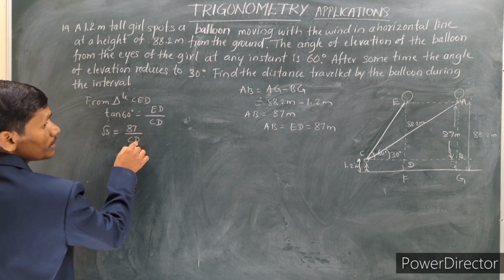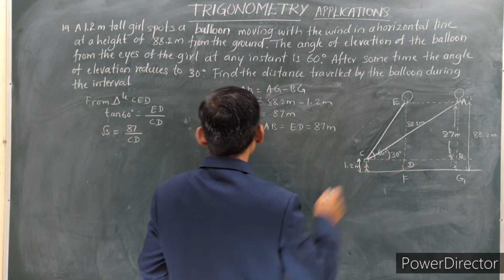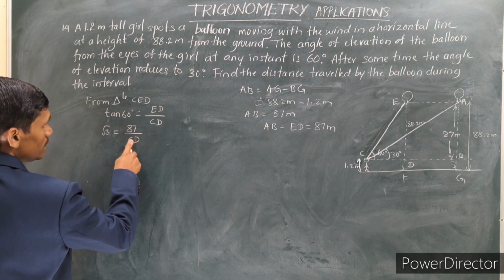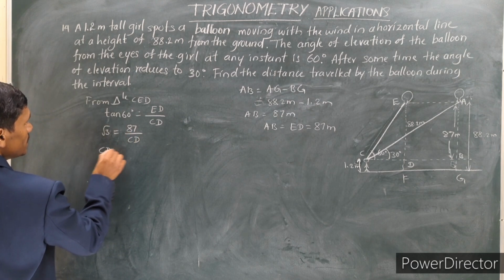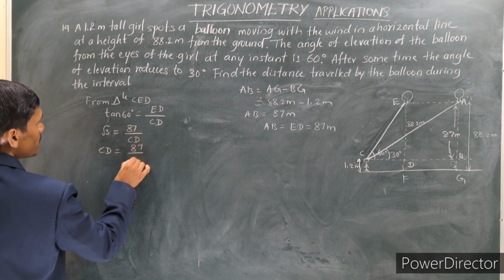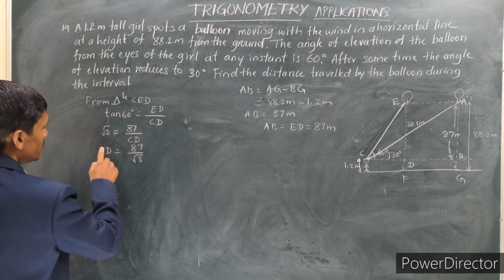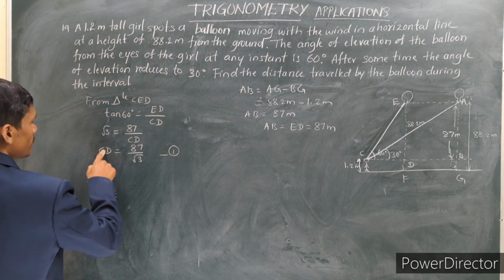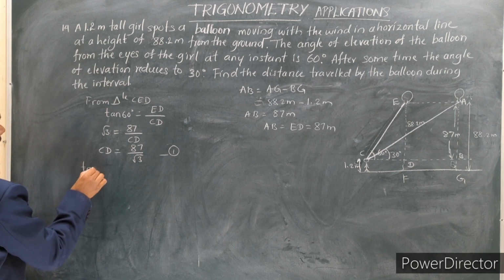CD is this distance, right? Keep it on one side: CD is equal to 87 by root 3. You bring this side and take that side. Let us call this equation 1. CD value we got.